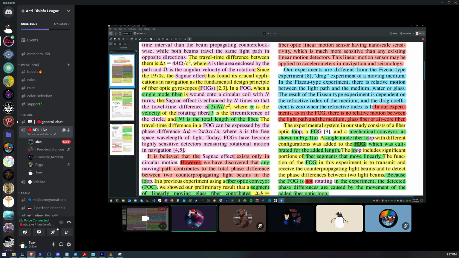This device works off of all motion creating an ether vortex around that motion, and if there's electromagnetic propagation going towards that thing that's creating that motion, it's going to be delayed but proportional to the velocity of what created that vortex. That was Sagnac's understanding, that you could measure absolute motion.